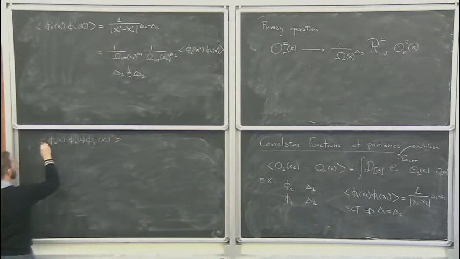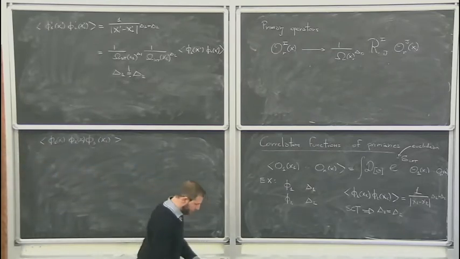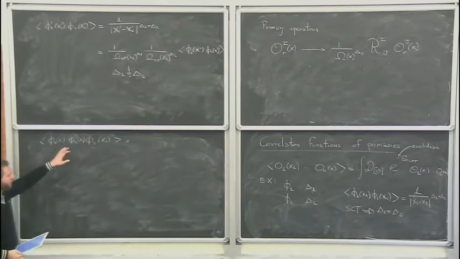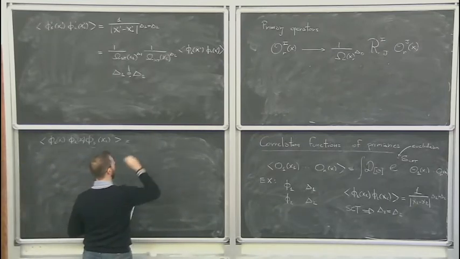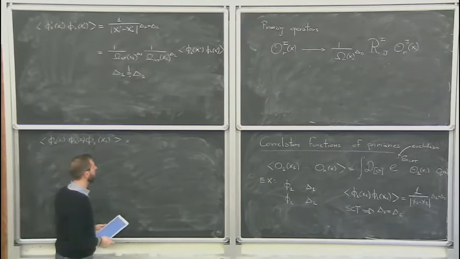And you consider the correlation function of this. Then, by doing the same exact logic as before, you can show that this object can only have a single form.